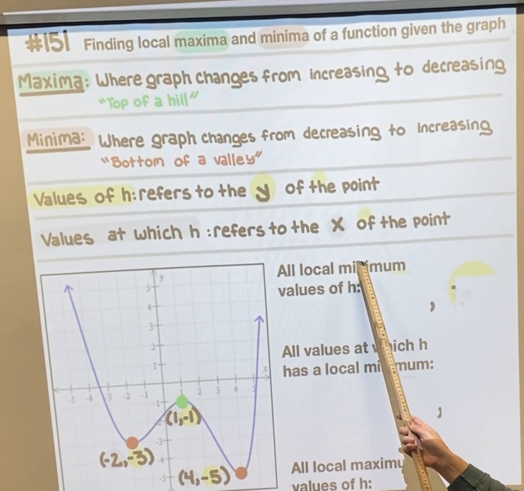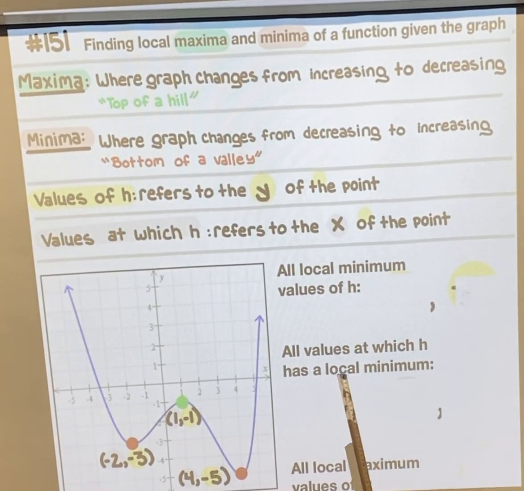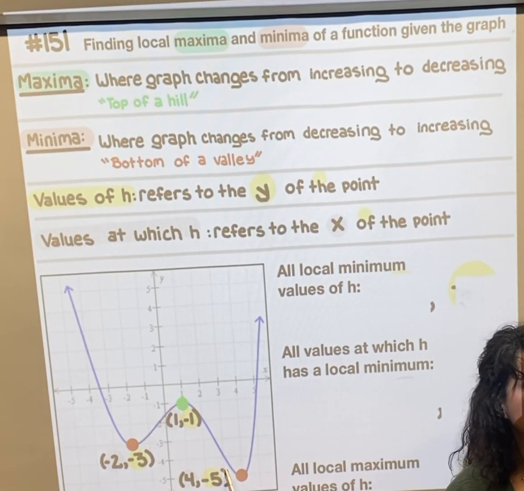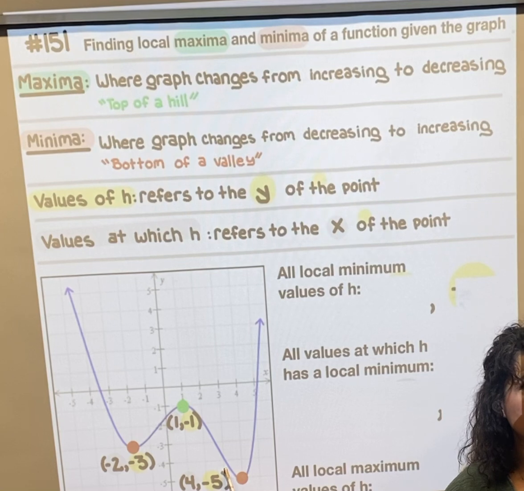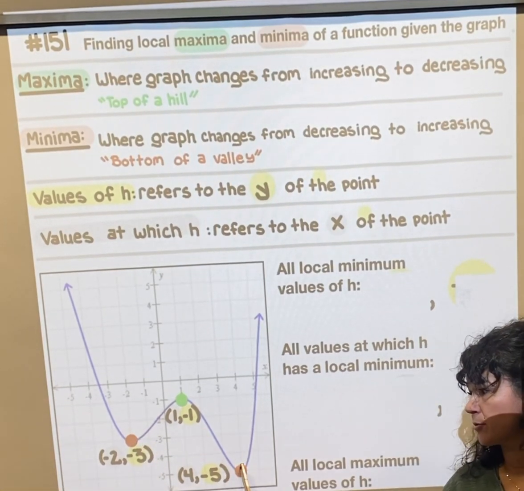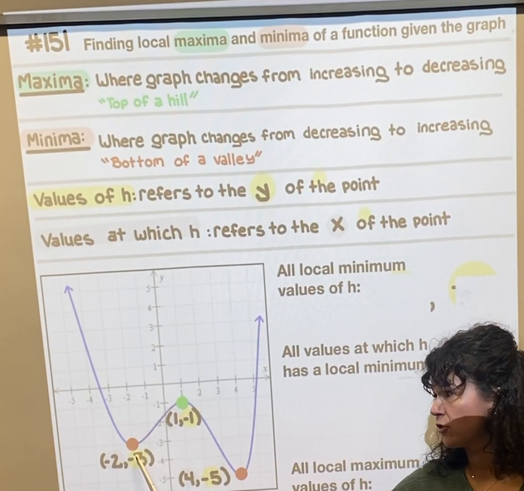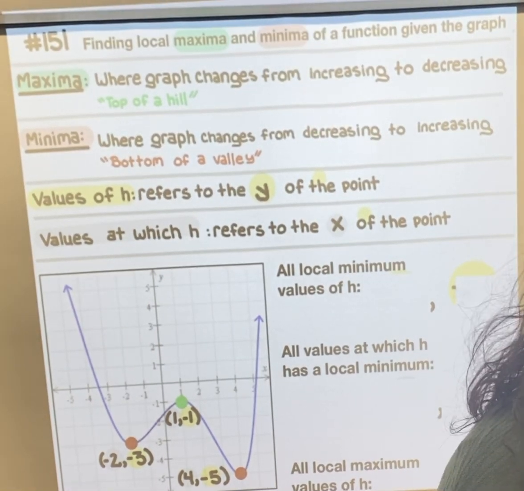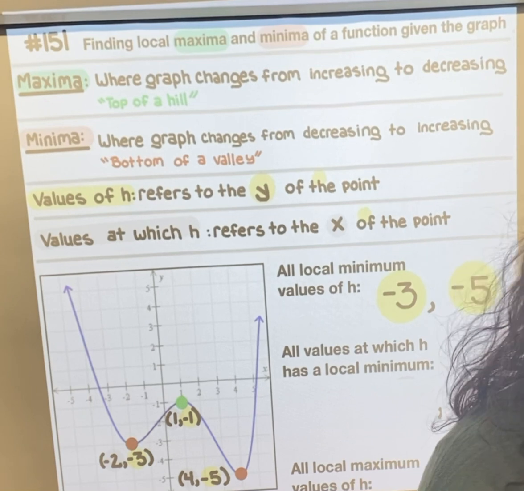So we have the bottom of the valleys, Y coordinates. So see how my Y coordinates here are -3 and -5. These are both minimums, and the values of H is the Y coordinate. So the answer is -3 and -5.